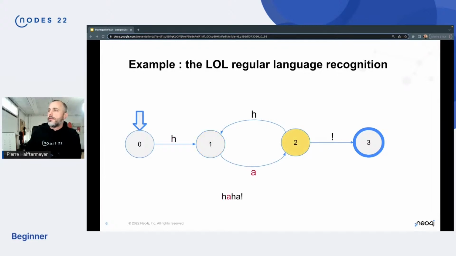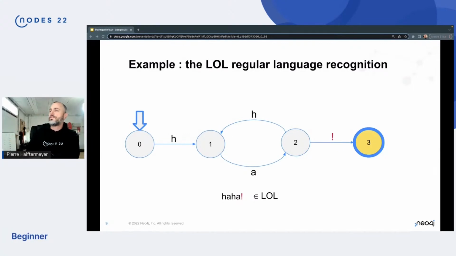Then with the A, I go to state 2, then with H to state 1, then 2 again, and with my exclamation mark, I get to state 3. It is a terminal state, so my word is recognized by the language, it is part of the language. So I have a machine that is able to recognize a word from a set, from a language.